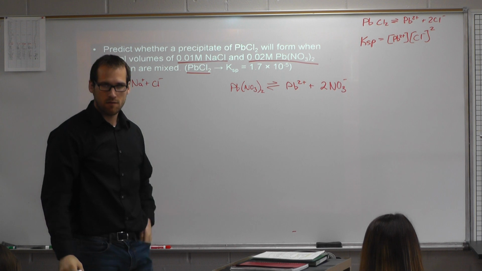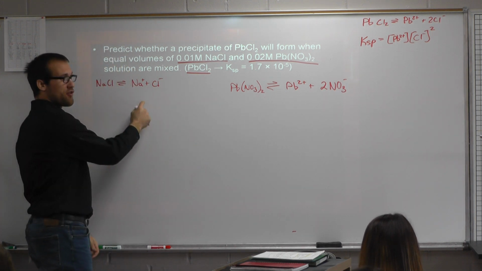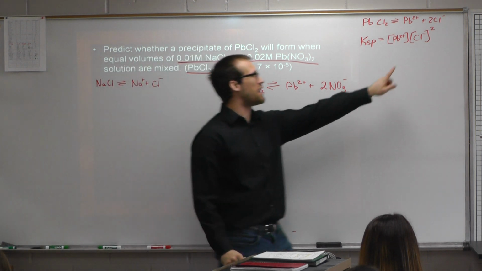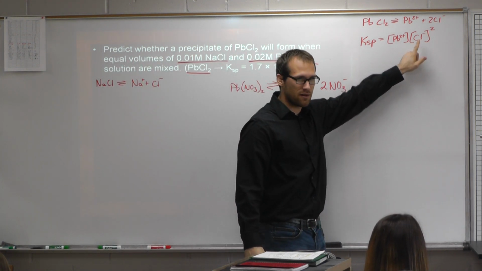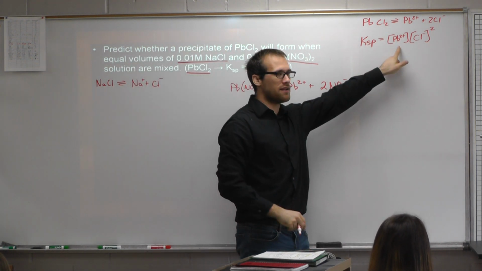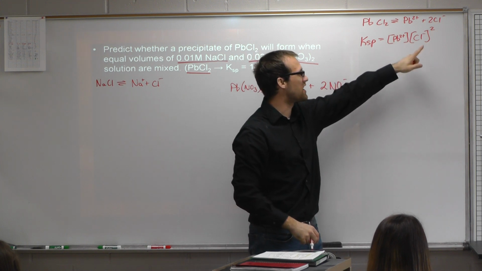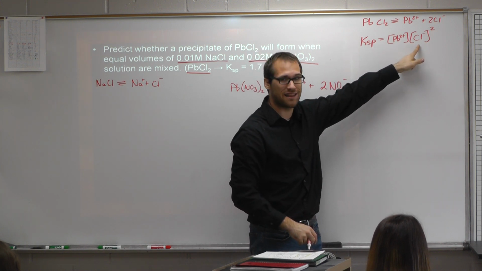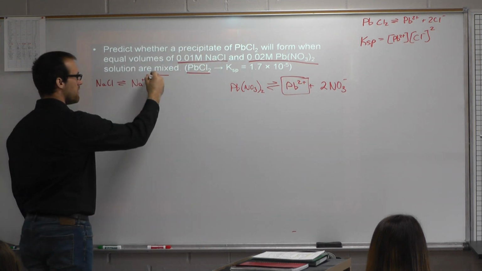So, when I find the concentration of chlorine from here, I'm just going to plug it in here and square it. No big deal. And when I find the lead from here, I'm just going to plug it in and solve. So I need to find the lead concentration and the chlorine concentration, and where am I getting them from? From here and here.